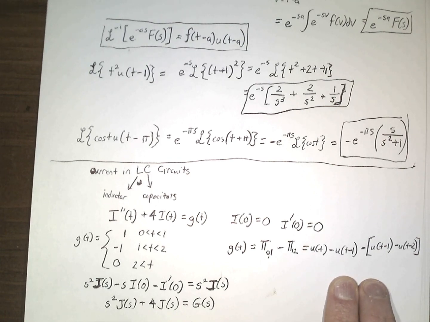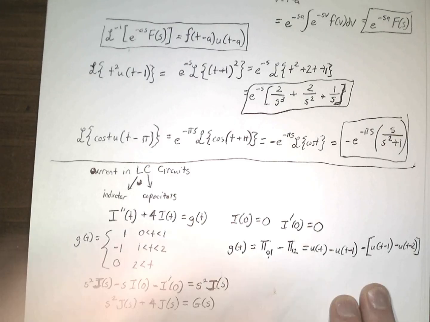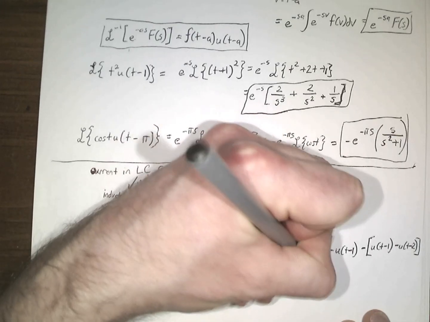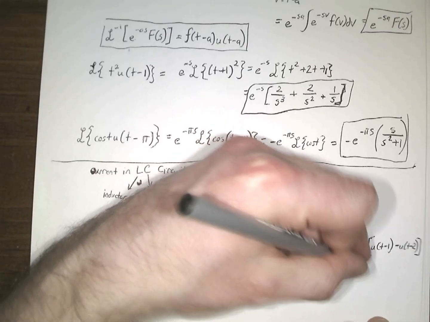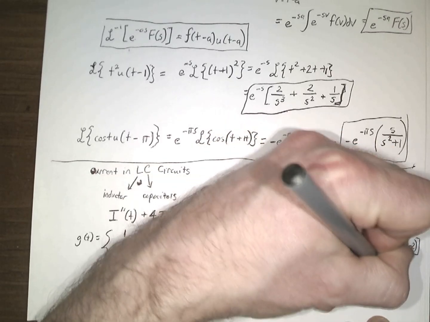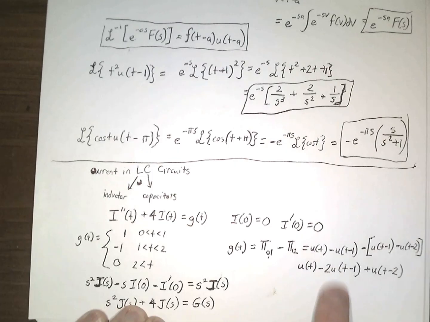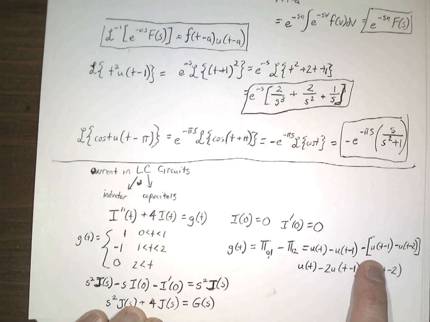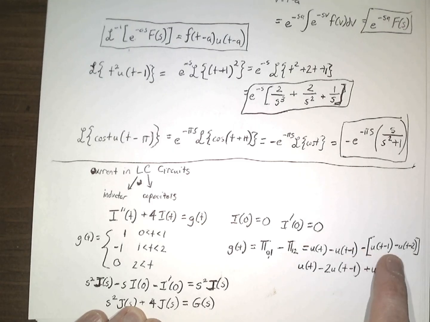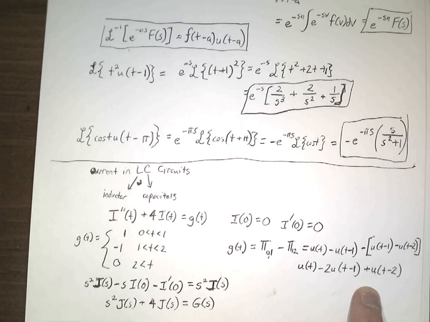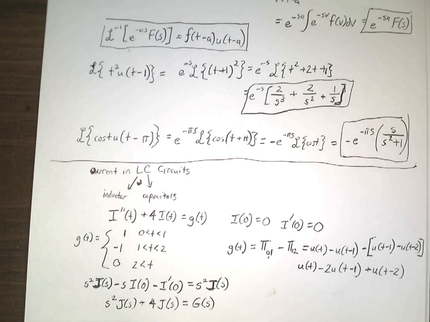So what we end up with is u of t minus 2u of t minus 1 plus u of t minus 2. So these two t minus 1 functions combine, they're both negative, and then the minus sign distributes to the one on here for the t minus 2 term, and we end up with that.